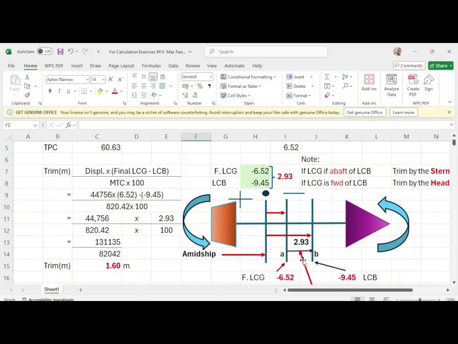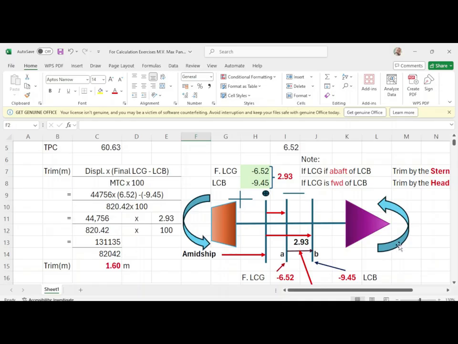Okay, take note, guys. This is your vertical line of your LCB, right? The tendency of the vessel, or the buoyancy, is pushing the vessel going up. That is the role of the buoyancy. So the buoyancy is to push the vessel up. So the tendency of the forward part of your vessel is to rise up.